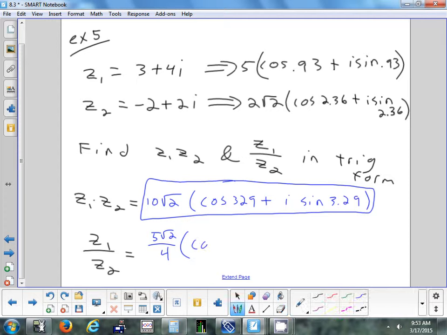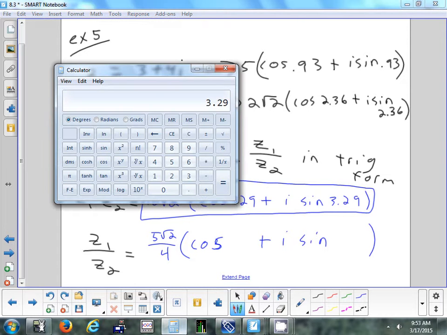All right, and now I need my angle. Make sure you put parentheses so that radius is distributed. Nick, what do I do with my two angles I had to get my new one? Yeah, so we add them when we're multiplying. Yeah, subtract them. We're going to get 0.93 minus 2.36.